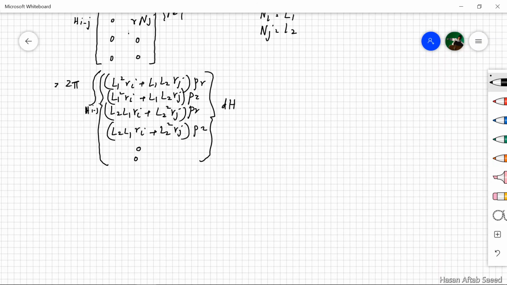Now we have to again calculate these integrals. Now we have two combinations.